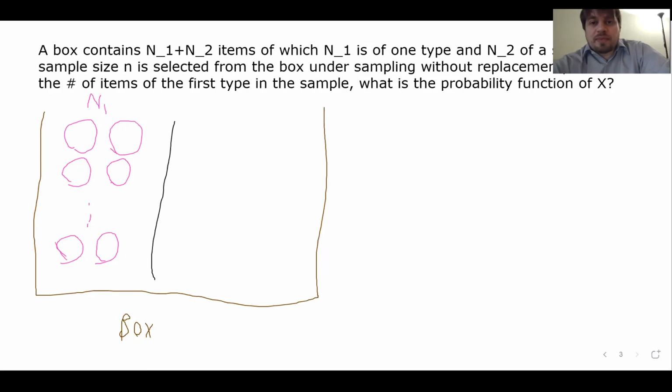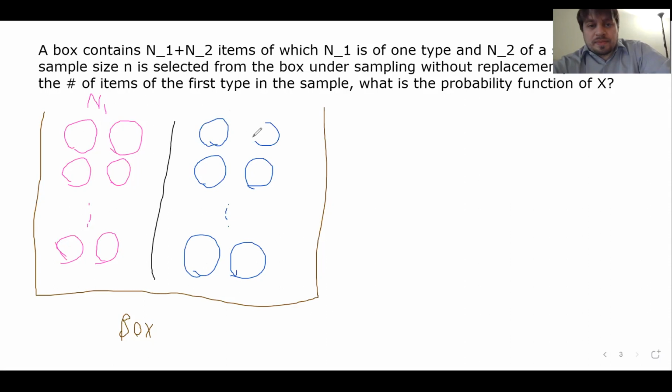And for the second type, let's go with blue. There's N2 of another type in the box. They make up everything in the box. A box contains N1 plus N2 items, of which N1 is of one type and N2 is of a second.